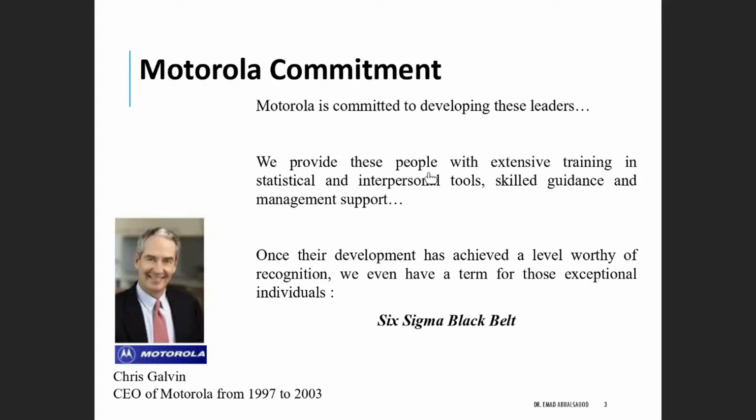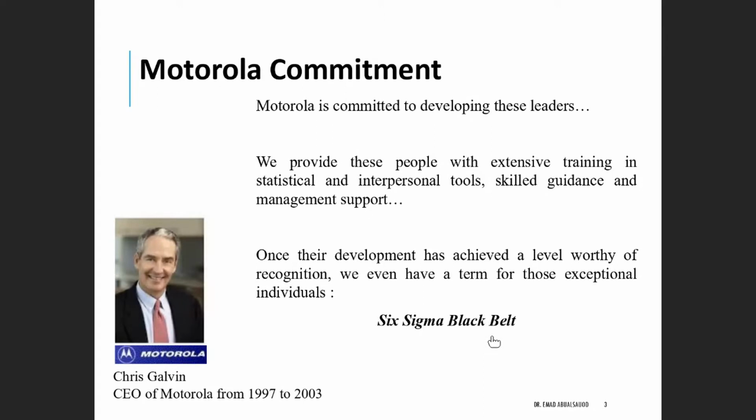We provide these people with extensive training in statistical and interpersonal tools, skilled guidance, and management support. Once their development has achieved a level worthy of recognition, we even have a term for those exceptional individuals: Six Sigma Black Belts.